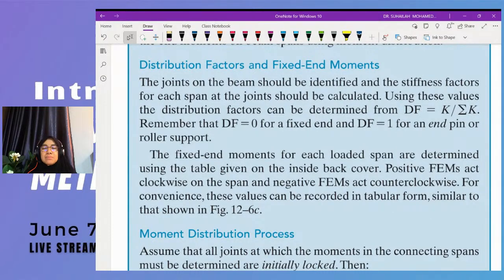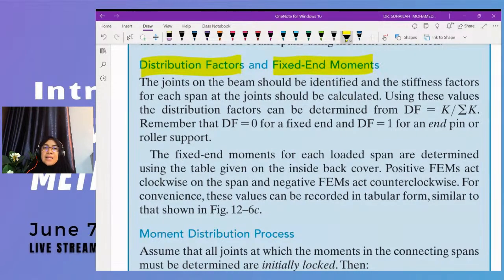Before we start doing the moment distribution and the balancing in the table, we should first calculate the distribution factor and fixed end moment. Those are the first two steps.